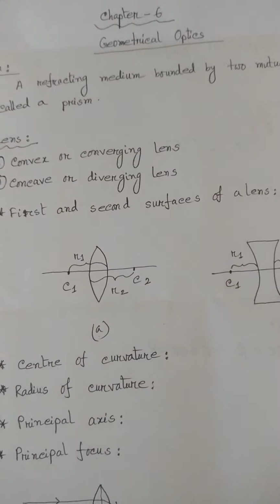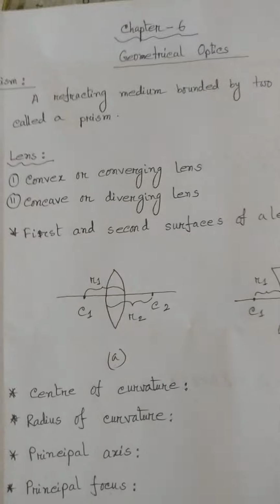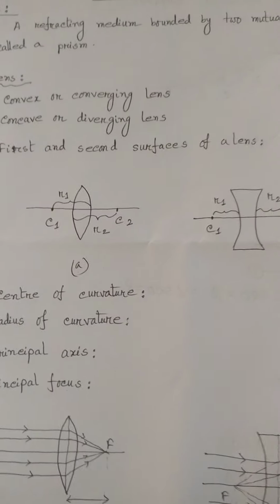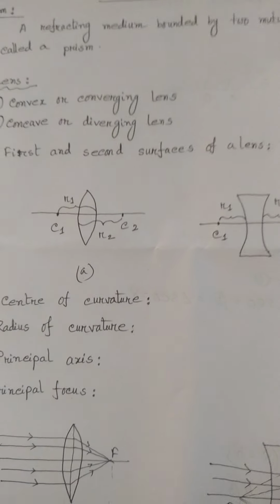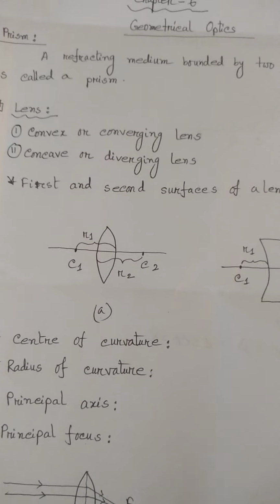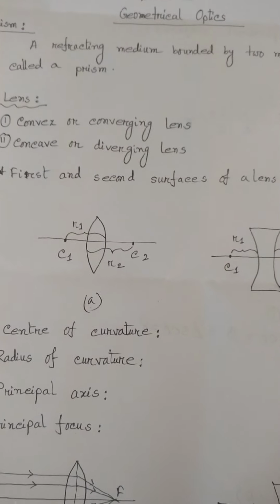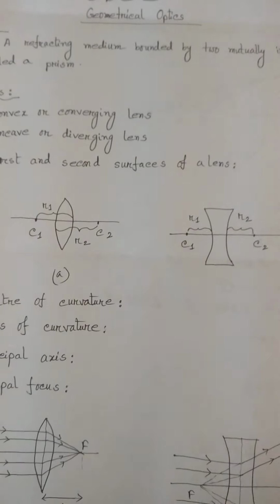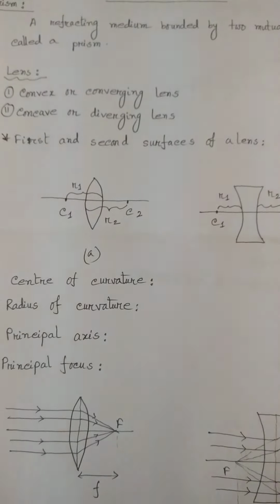The first surface of the lens is the surface on which the ray of light is incident, the face through which the ray of light enters the lens.